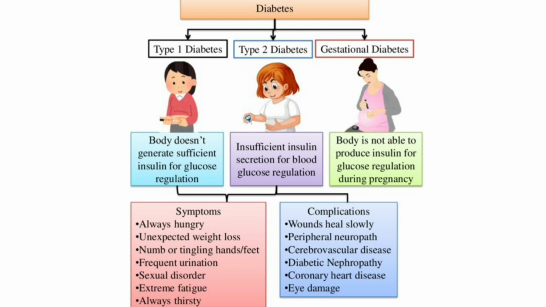Now in the second case, type 2 diabetes means insufficient insulin secretion for blood glucose regulation. It is also called NIDDM, non-insulin dependent diabetes mellitus. It accounts for 90 to 95% of all diagnosed cases. It is the most common type of diabetes mellitus, and it is a progressive disease.